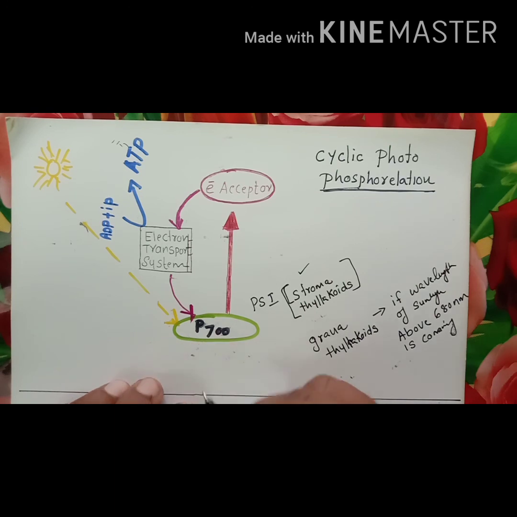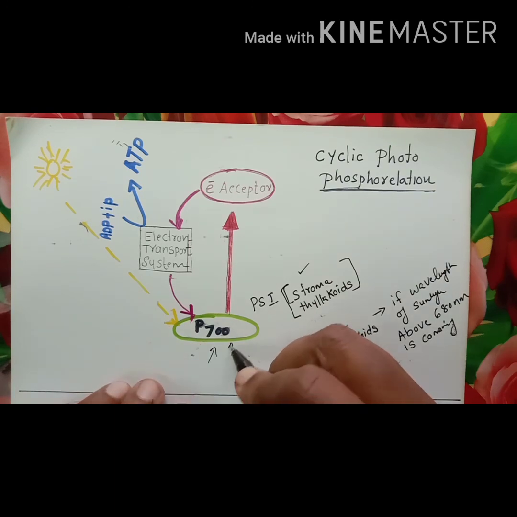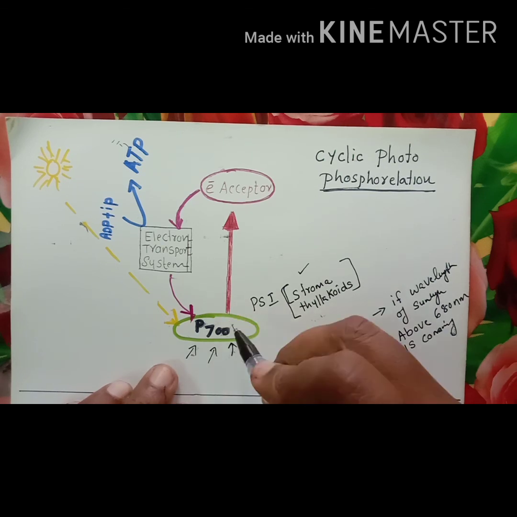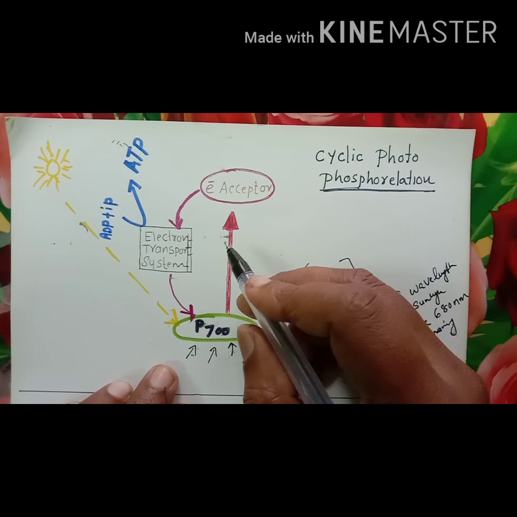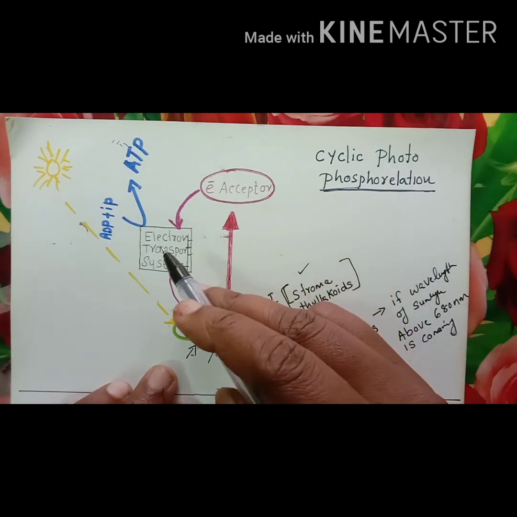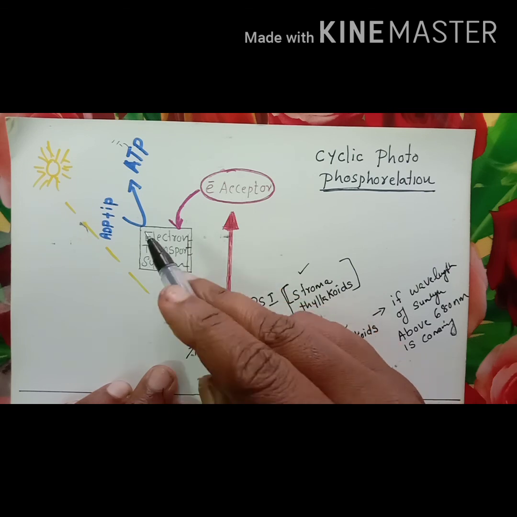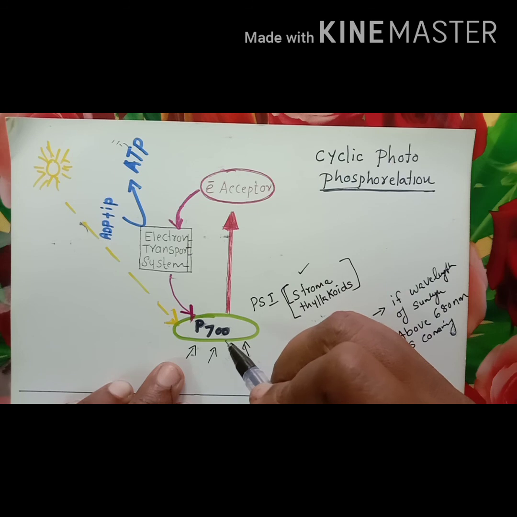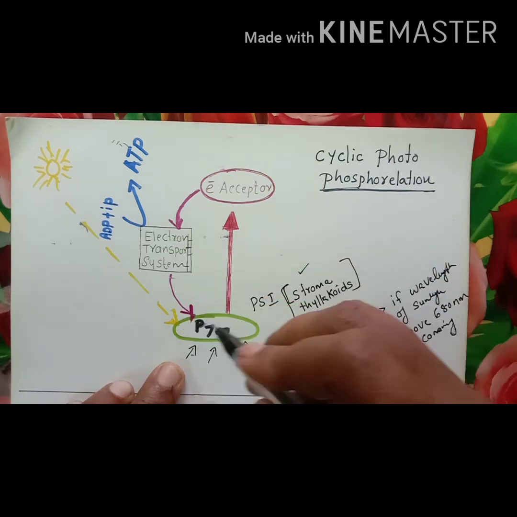So what happens here? The antennae molecule gives the energy to the reaction center. As a result, the electron is excited and accepted by an electron acceptor, and from the electron acceptor the electrons move to an electron transport system, and through the system the electron comes back to the same reaction center. Clear? So here the electron is moving in a cyclic manner.